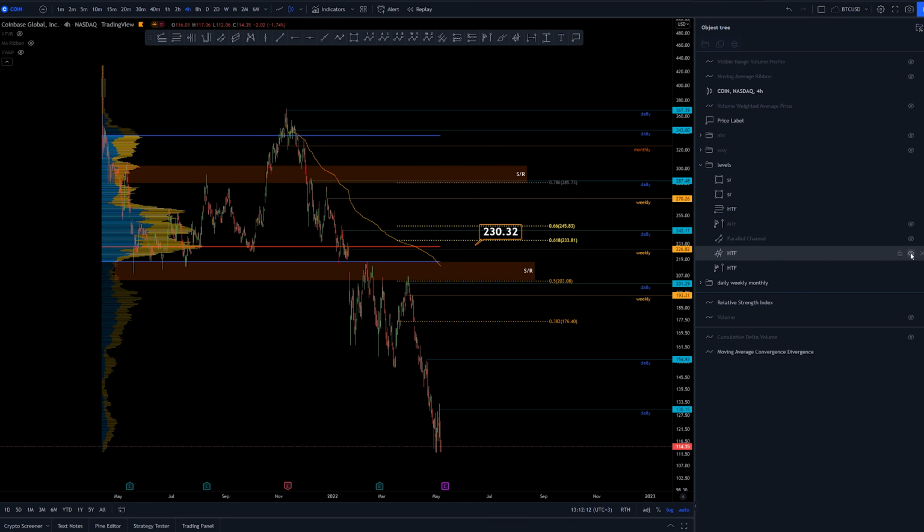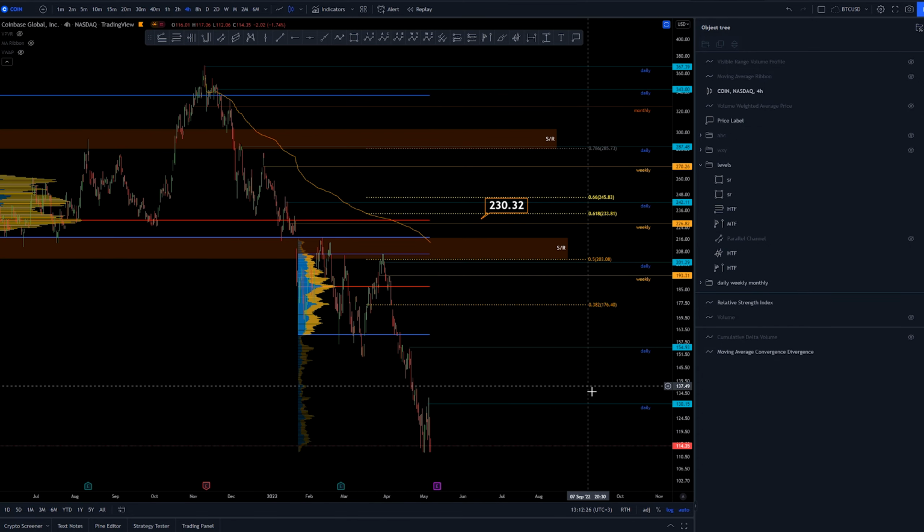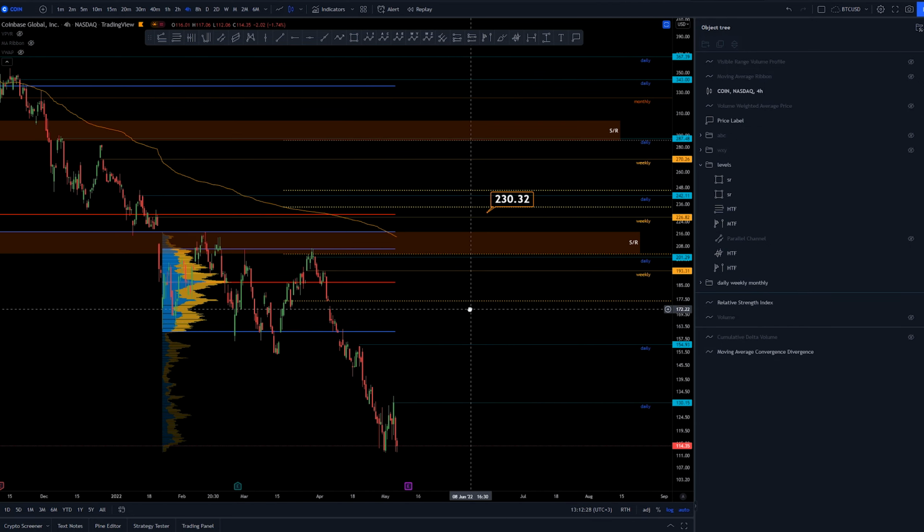What else? Well, this anchored VWAP is coming down, of course. As we are going down, we'll see if we ever get back to it, at what point, if that is meaningful.